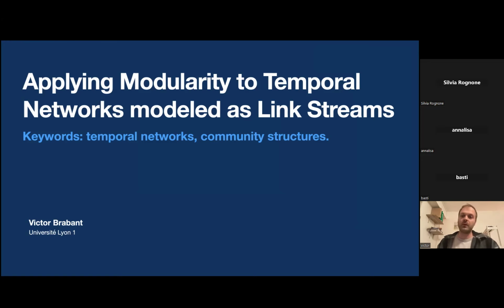So we need to model them with link streams, and there is no satisfying community detection method yet, in my opinion, on link streams. So we chose to take the most famous one on static networks, which is based on the modularity function, and we chose to generalize it to link streams, or at least we try.